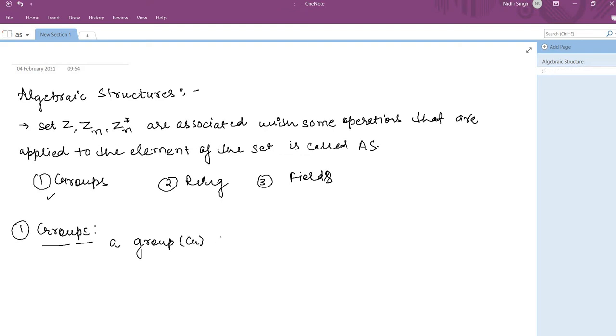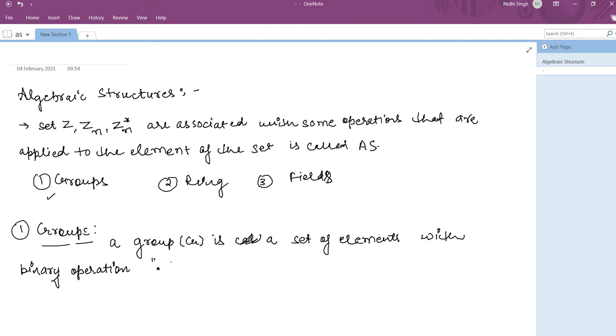A group G is a set of elements with a binary operation, denoted by this dot.